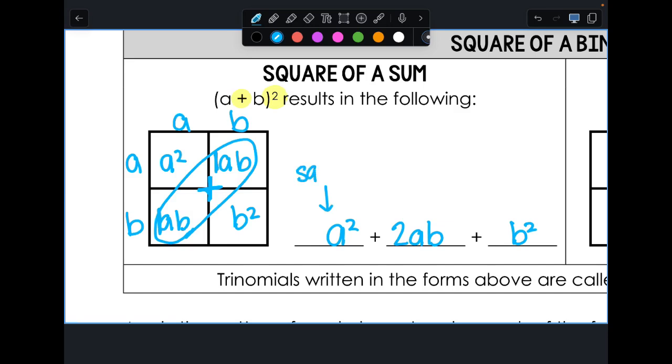Square the first one, square the last one, multiply the two terms and double, square the second term.